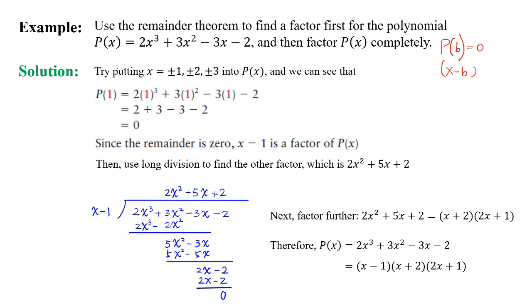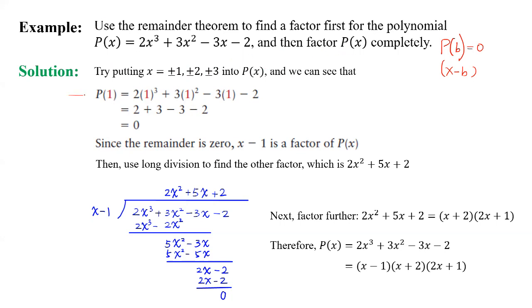So usually we can use the trial and error method. Usually we can test from the simplest number, positive or negative 1. If it does not work, we can then try positive or negative 2 and positive or negative 3, right? We can put these values into p(x) and check if that number can make p(x) equal 0.